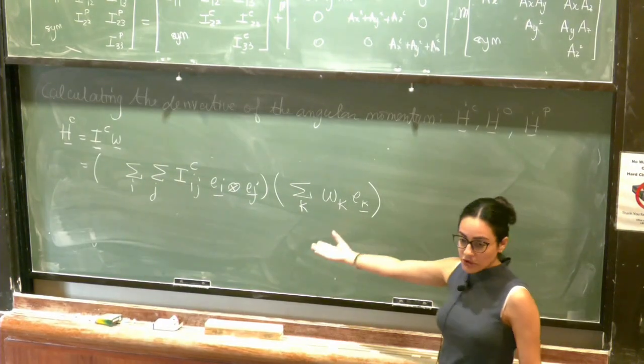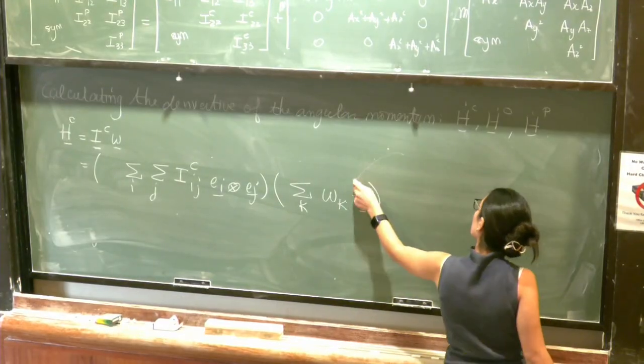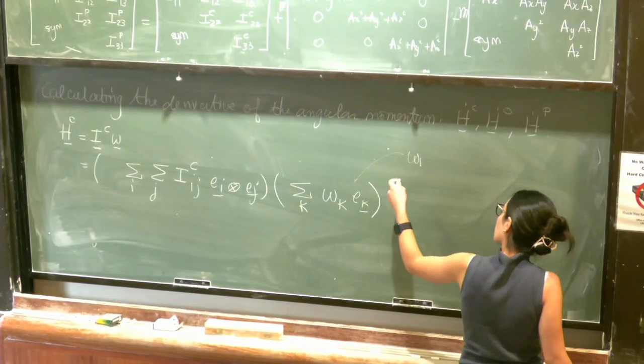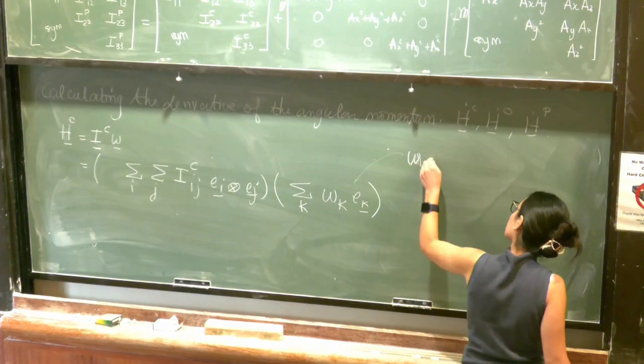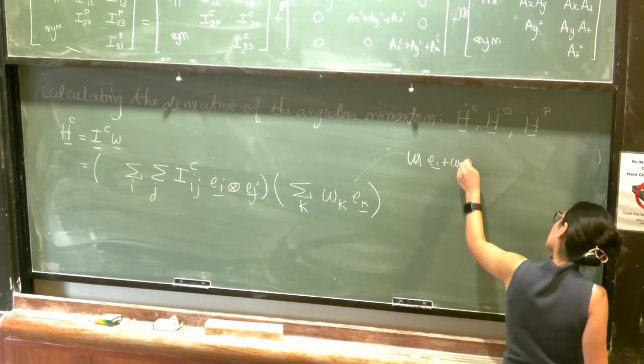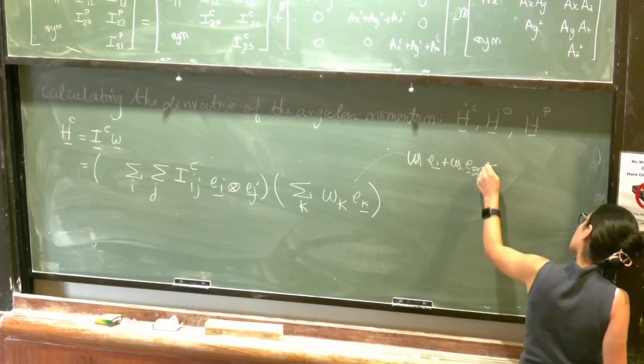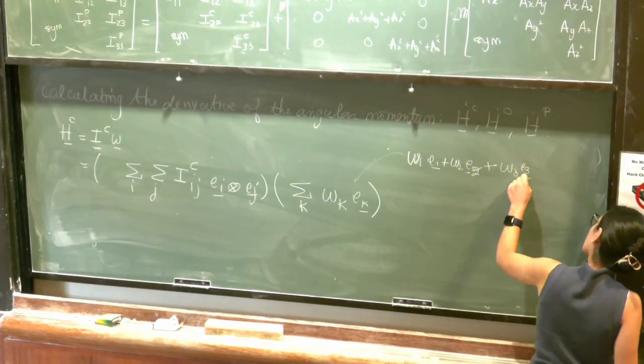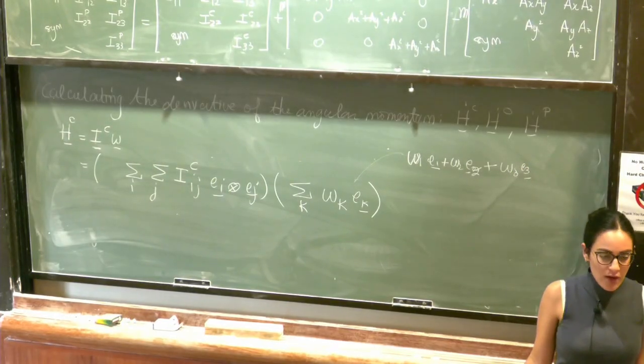So this is a shorthand for omega 1 e1 plus omega 2 e2 plus omega 3 e3. So omega x ex plus omega y ey plus omega z ez.